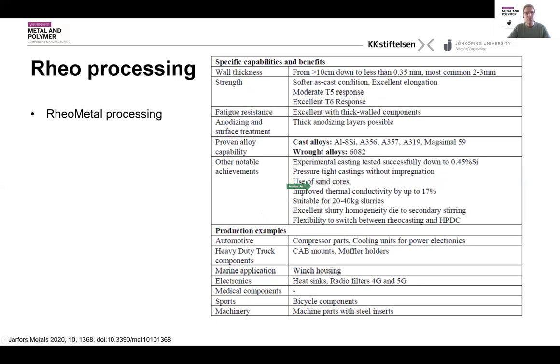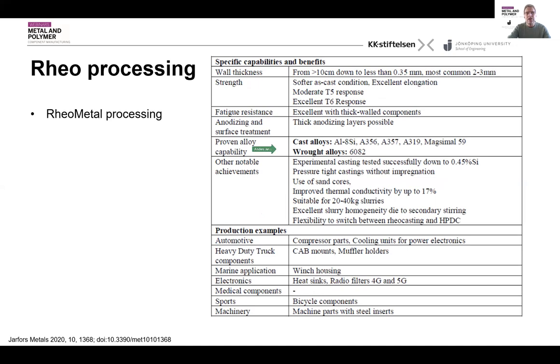The RheoMetal process is intermediate in spread. It has focused on wall thickness, and I think that we set the world record with 0.35 millimeters in thickness in a radio filter. We have a moderate T5 response, just like the GISS process, I mean.